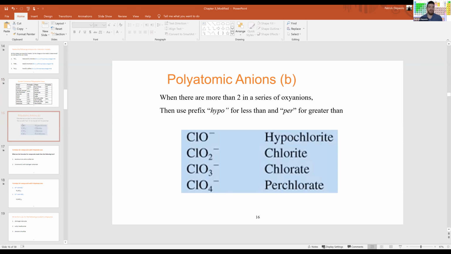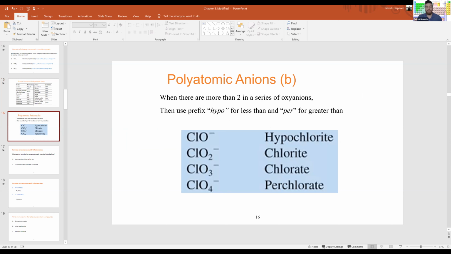Now, here are some that are a little bit weird with chlorine. So chlorine and oxygen have 4 polyatomic ions, and it kind of works in a hierarchy of oxygens, and they're all -1 charged. And the reason why, some of you are probably thinking, oh, if there are a different number of oxygens, why are they all -1 charged?